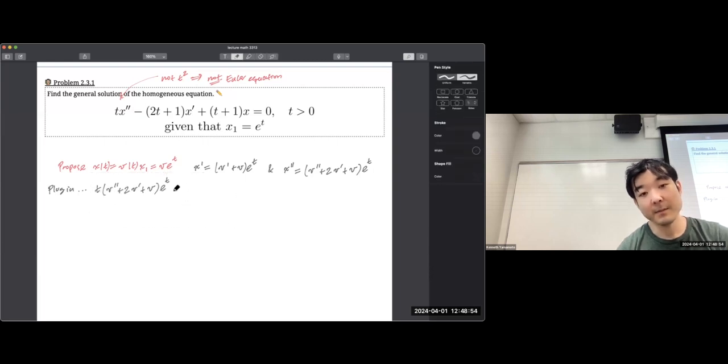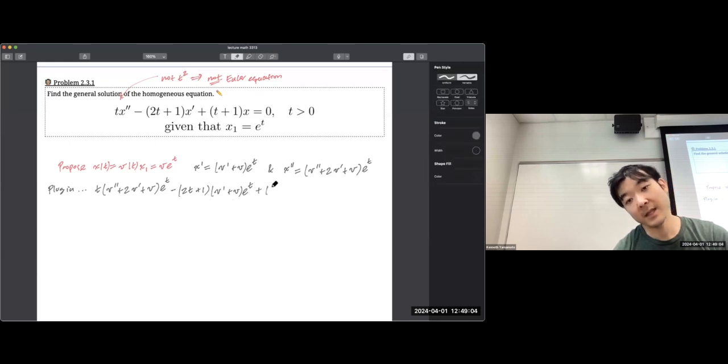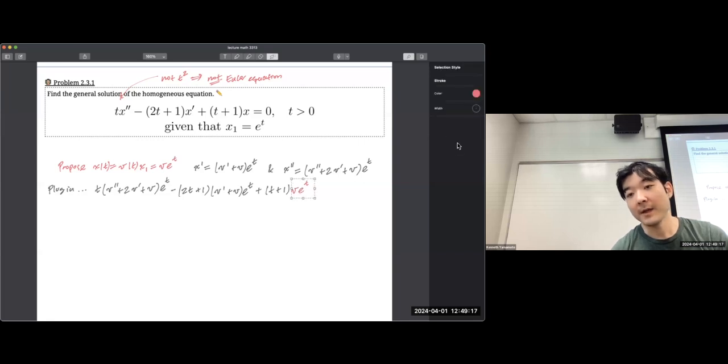And then you're going to say minus, parentheses 2t plus 1, times this x prime term. And then plus the t plus 1 times this v times e to the t. And then this has to equal 0.